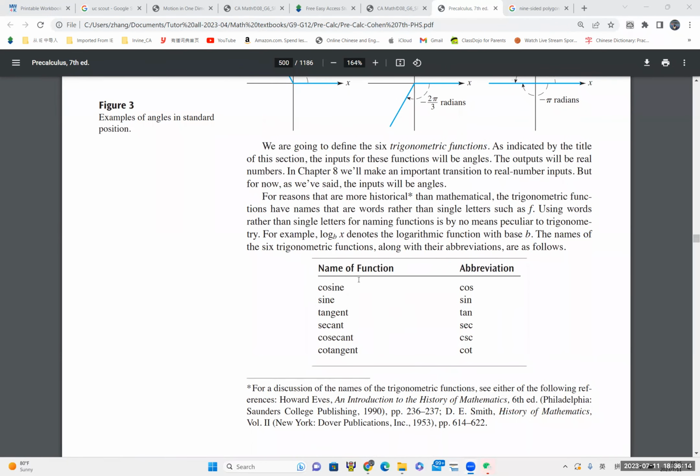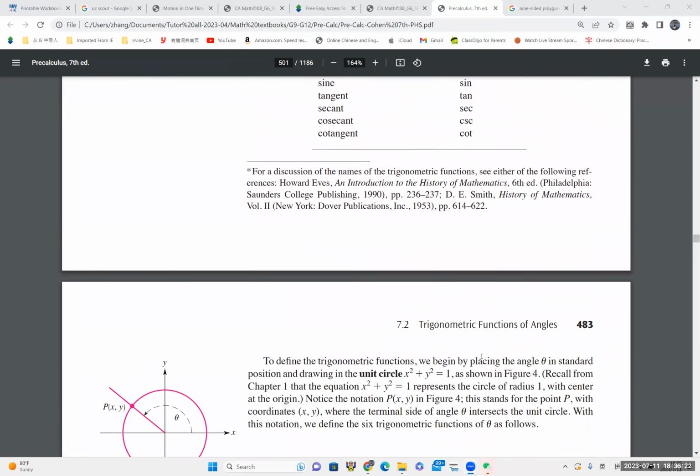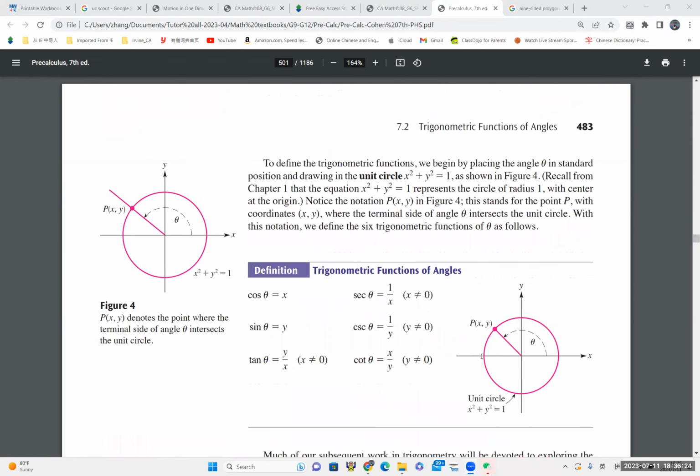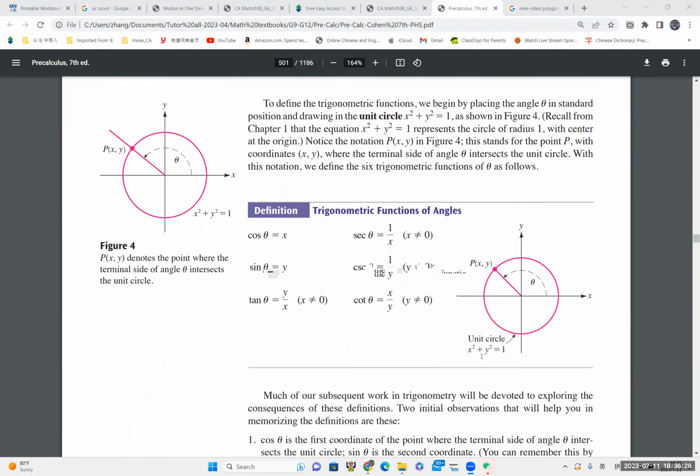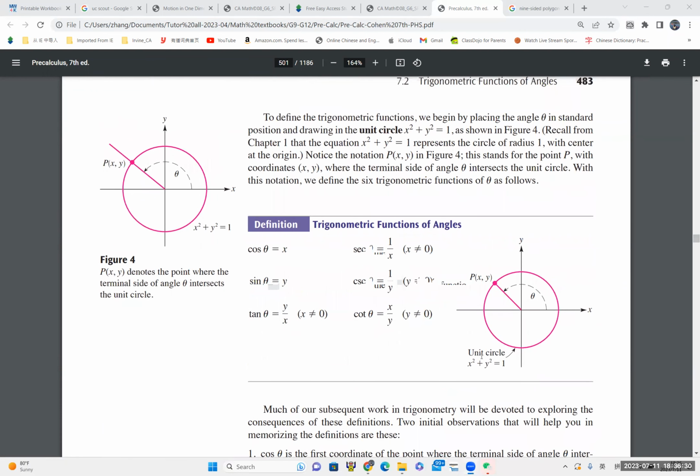Then cosine, just as simple as COS. Yeah, this is like a unit circle definition, right?